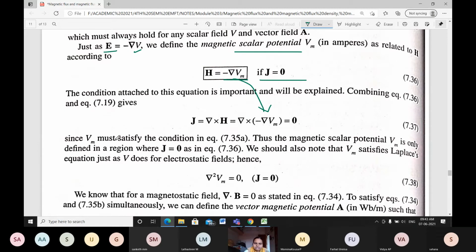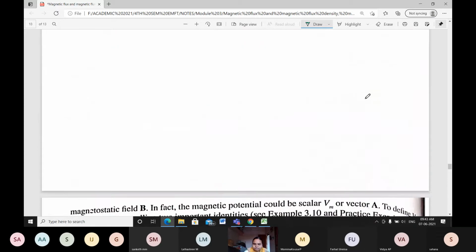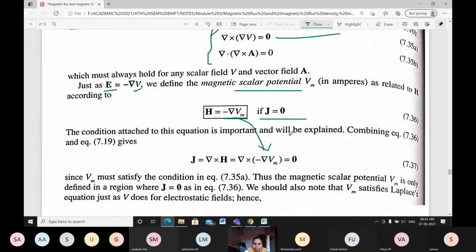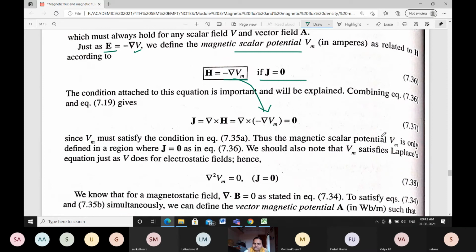Then Vm must satisfy the condition of this first equation. Thus the magnetic scalar potential Vm is only defined in the region where J is equal to 0. We can define the voltage of the magnetic field only when the current density is 0.